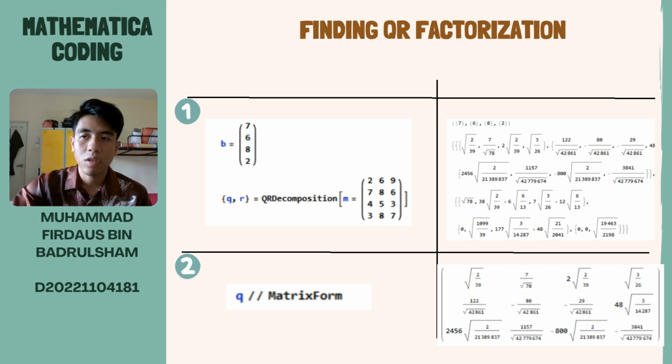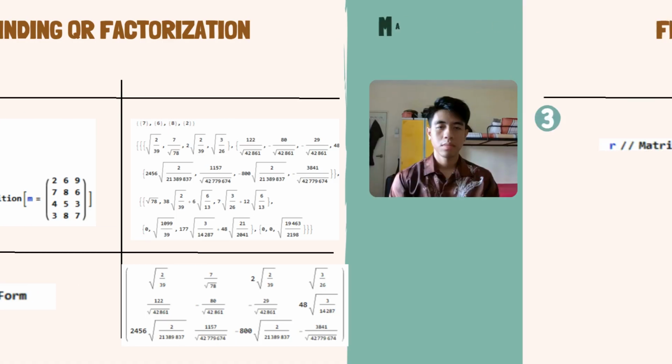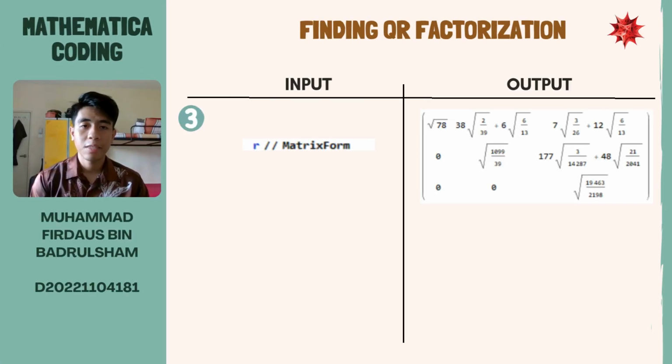This isolates the orthonormal component, allowing us to see the unit vectors that form the basis of the subspace. Similarly, I display the matrix R in matrix form to highlight its upper triangular properties, which simplify the process of back substitution when solving for our variables.